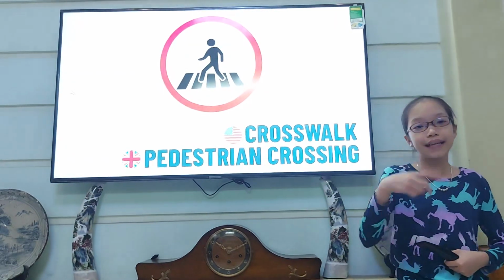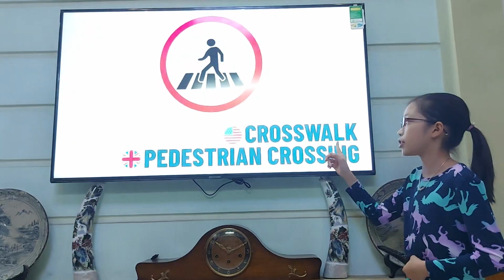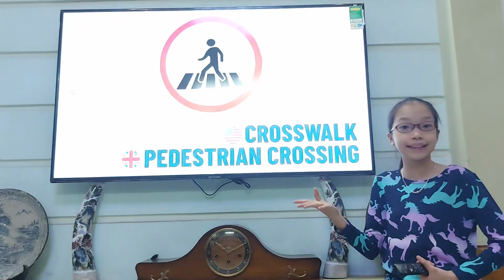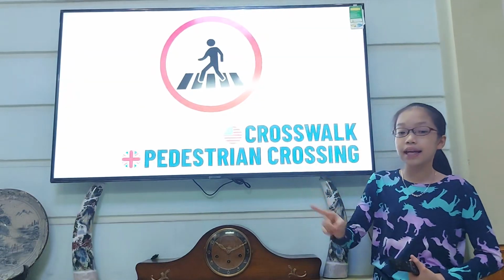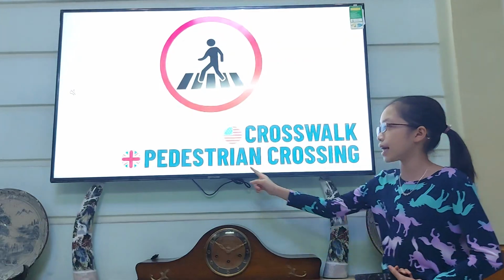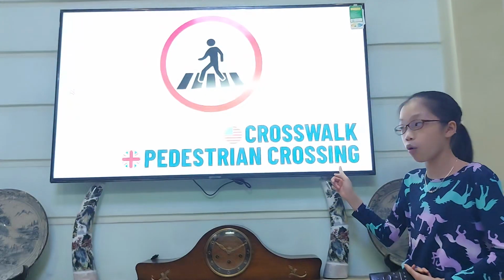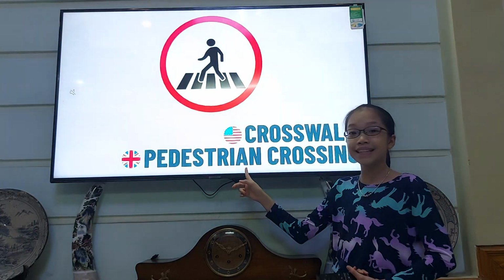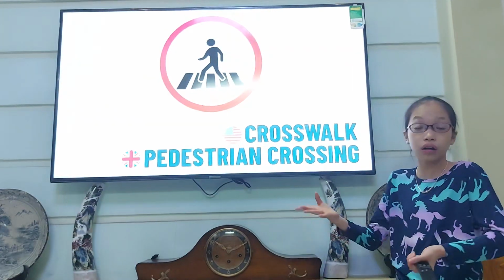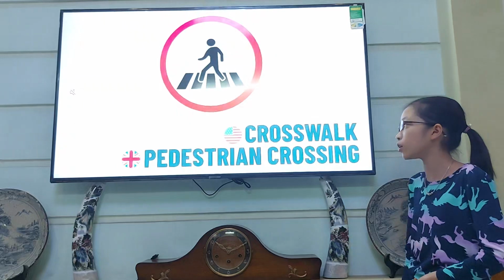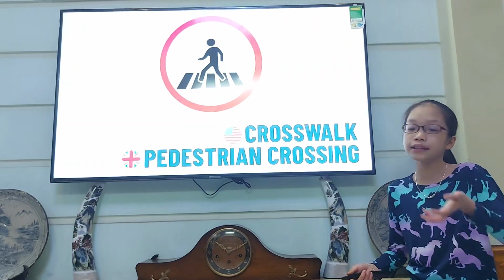So there are two ways to say this. In American English, we say crosswalk. Very easy, right? Crosswalk. But in British English, we say pedestrian crossing. Yeah, crossing, not crosswalk anymore. And a pedestrian is a person who walks. So pedestrian crossing or crosswalk, either is fine.